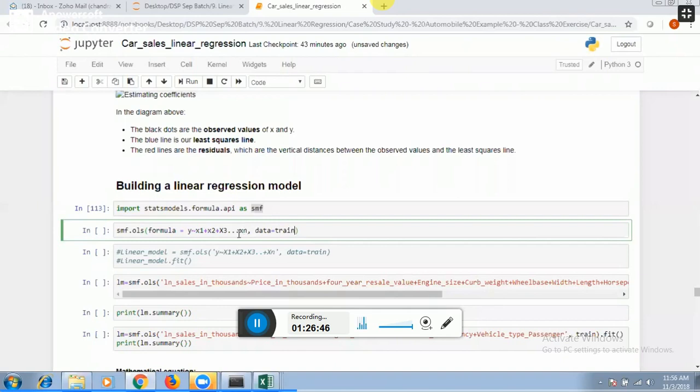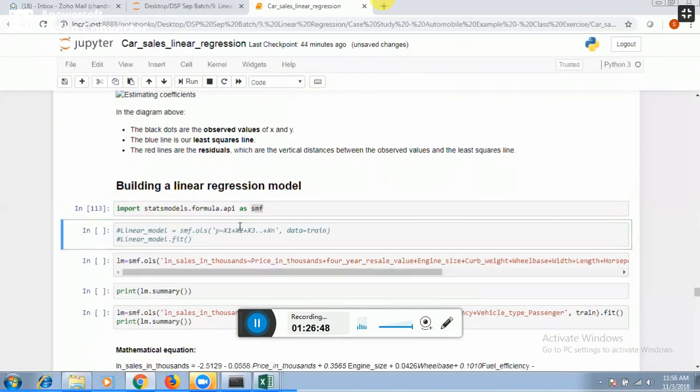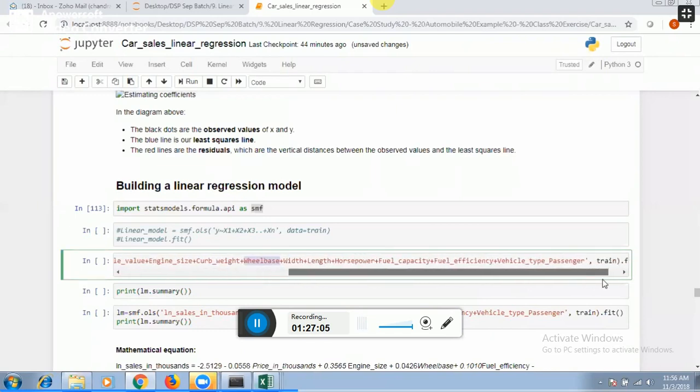Very clear now? For example, smf.ols, and suppose this is my Y. Formula is basically Y tilde sign, x1 plus x2 plus x3 plus x4 plus etc. Suppose you have different variables, and then you just supply data equal to train.